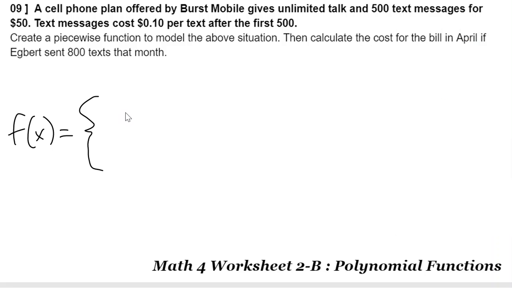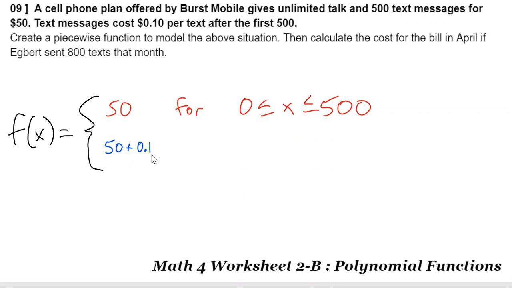We have $50 that is a flat charge for the first 500 texts, so from 0 all the way to 500. And then beyond that, it's going to be $50 for the first 500, and then 10 cents for every text after 500.